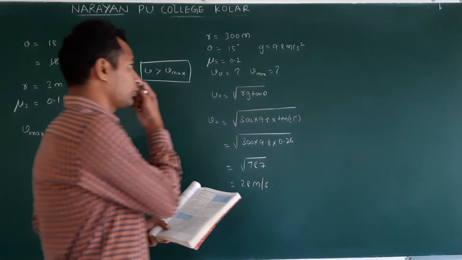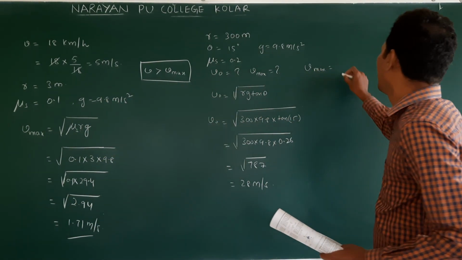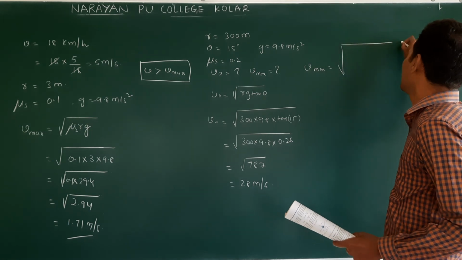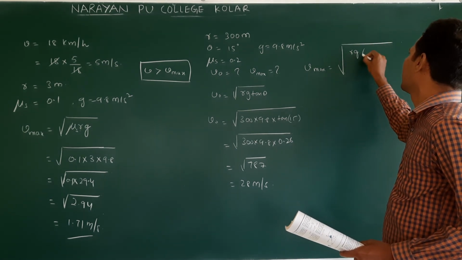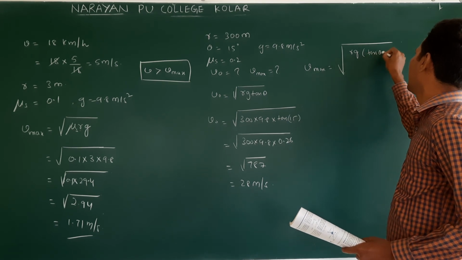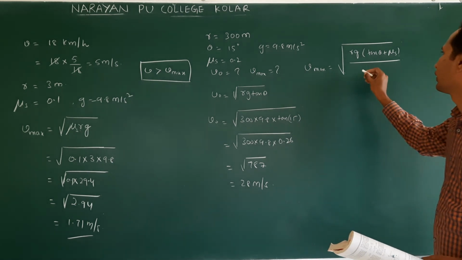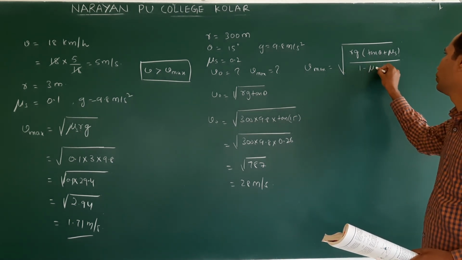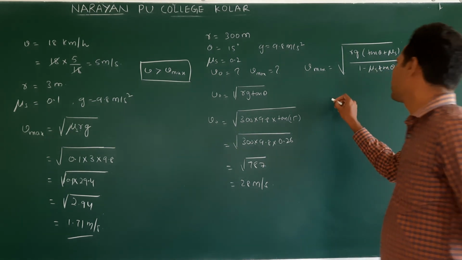Next they ask for the maximum speed, Vmax. Under root of, what is the formula? R g times tan theta plus mu s by 1 minus mu s tan theta. Am I correct or not? So substitute the values.